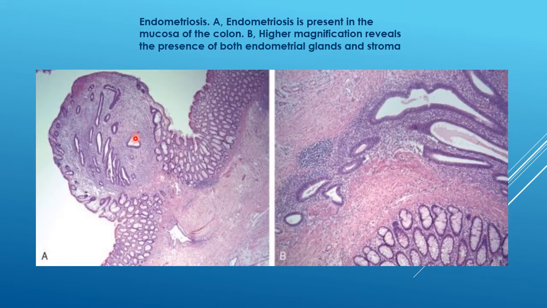These are endometrial glands and endometrial stroma. Here is a magnified view of endometrial glands and endometrial stroma seen within the intestine. So this is the picture of endometriosis.